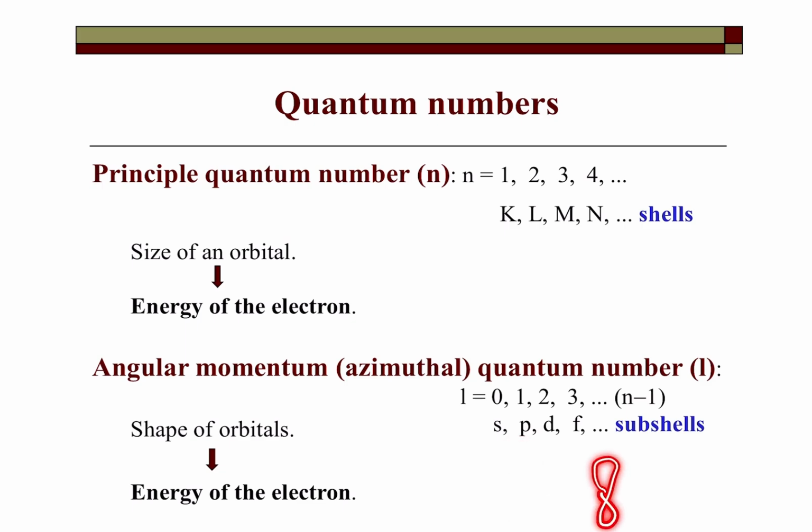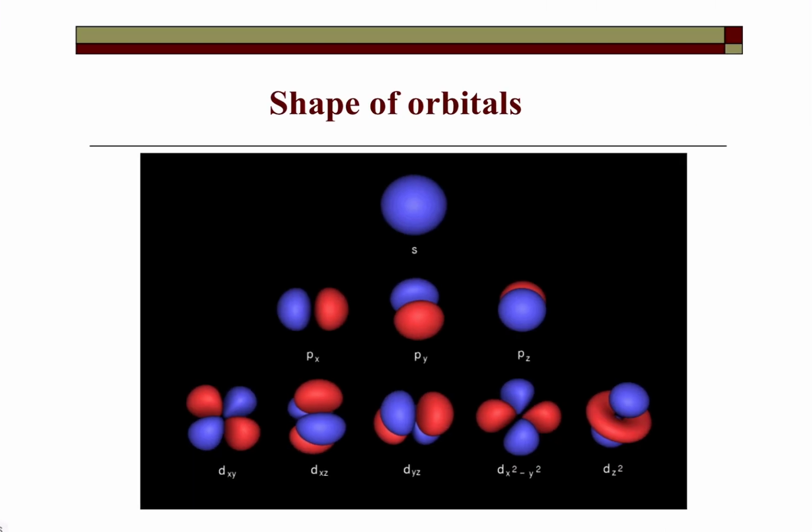As you see here, s is spherical, and p is like a dumbbell shape in the 3 axes, px, py, pz. But d is more complicated: dxy, dxz, dyz, dx2 minus y2, and dz2. S has 1 orbital, p has 3, d has 5, and f has 7.